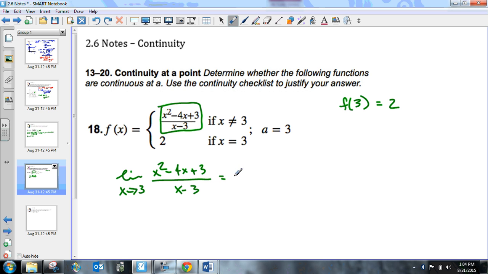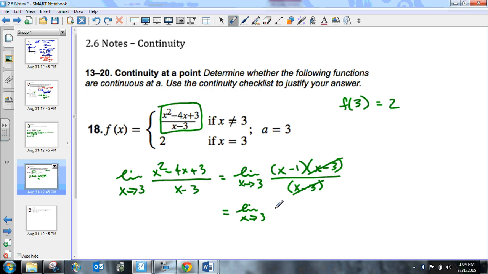So let's rewrite this. Let's say the limit as x approaches 3, let me factor my numerator into x minus 1 times x minus 3, all over x minus 3. And so what I see here is that the factor of x minus 3 divides out, and we now have a limit as x approaches 3 of x minus 1.